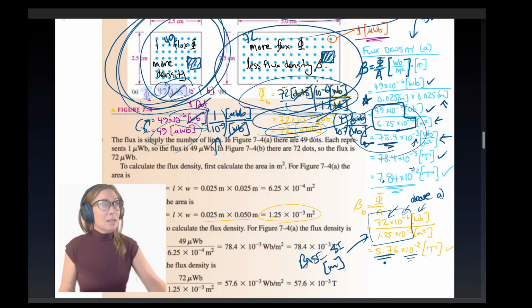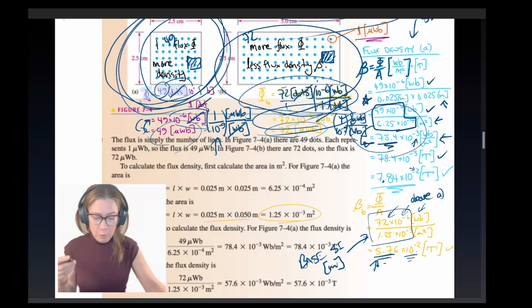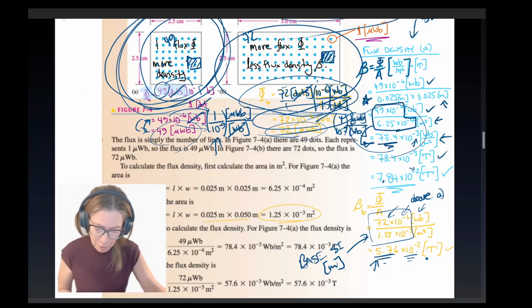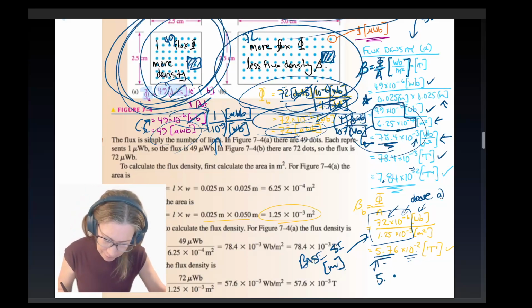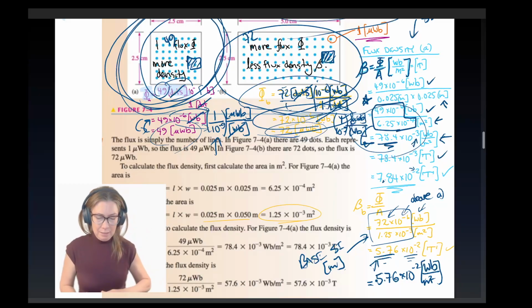Express it in proper scientific notation, which has like in the tens. So 5.76 times 10 to the negative 2 is a nice way to express this. Tesla, if you want to say Tesla, I like to be stubborn and say 5.76 times 10 to the negative 2 Webers of flux I can count in that meter squared. That's what I would like to say.